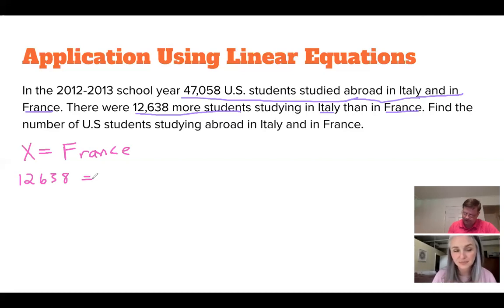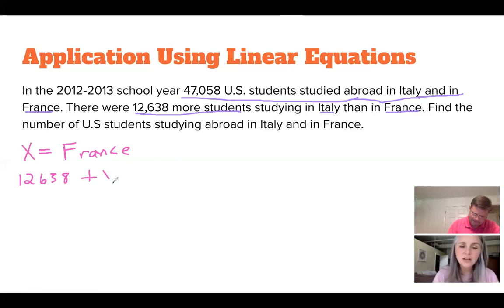So do I let that equal Italy? I don't think that's how many people are in Italy. I think that's how much more there are. More than France. So what is France? France is X. So I'm going to take that number that we just had and combine it with the people that are in France.